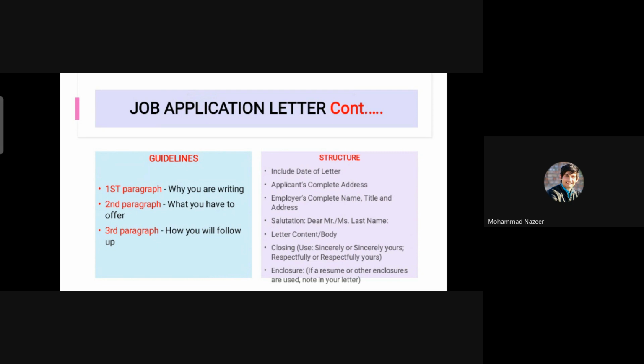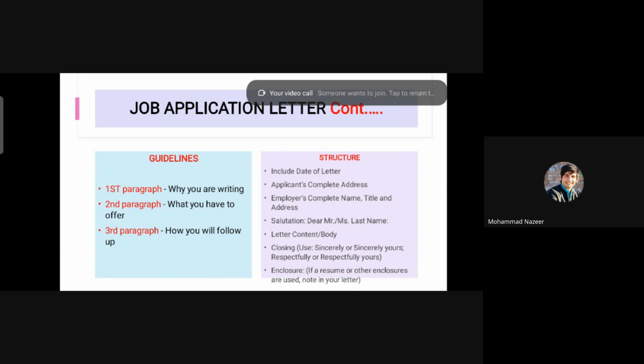How are we going to sell ourselves, what best qualities do we have, and why should the other person hire us? That is what you have to offer, what is genuine in you. Then only the other person will hire you. The third paragraph is how you will follow up, where you mention your details.